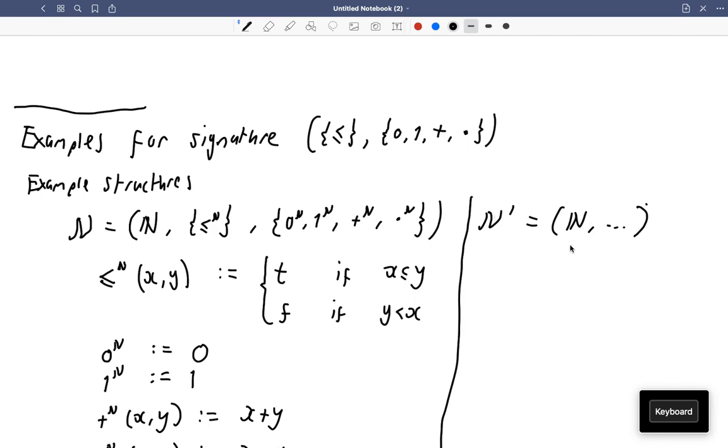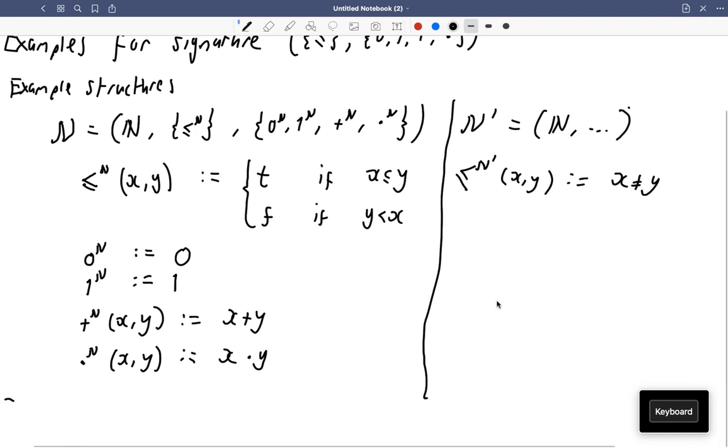So I'm going to provide another structure, which is a very unintuitive one, because let's just be totally random about this. The interpretation of less than or equals in N' when applied to two natural numbers x and y is, let's say, true when x is different from y and false when x equals y.